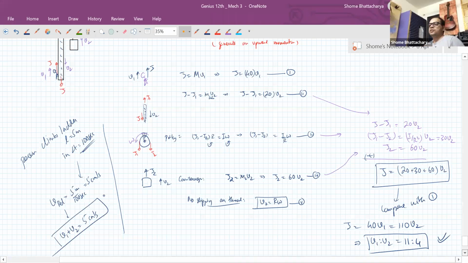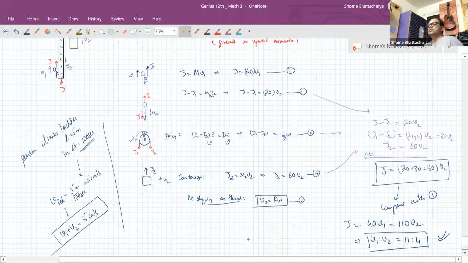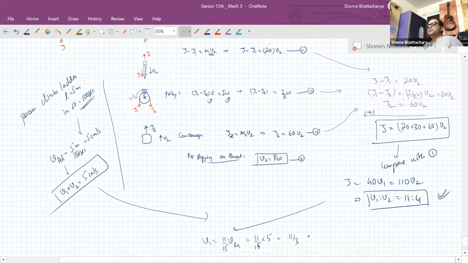Got it now? So now connecting this equation and this equation, we can see that V1 is 11 by 15 times V relative. So it is 11 by 3 centimeters per second. V2 is 4 by 15 into V relative.